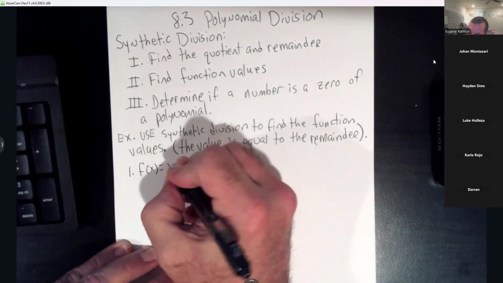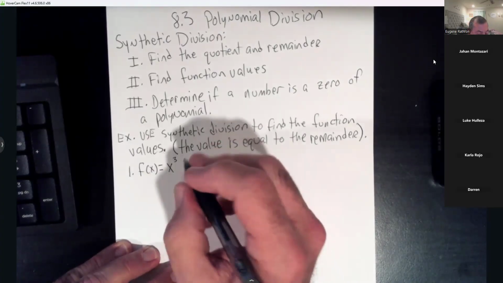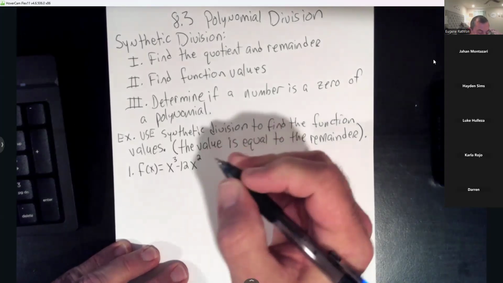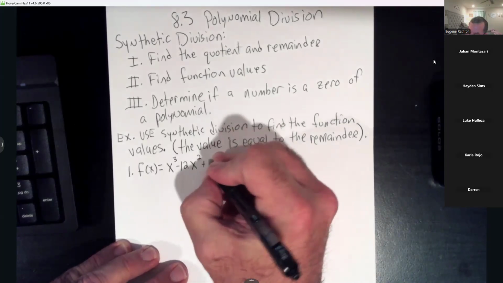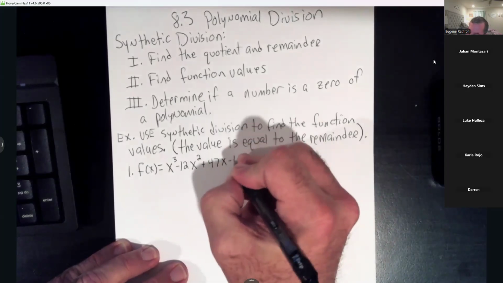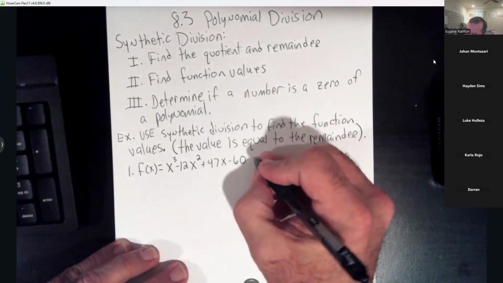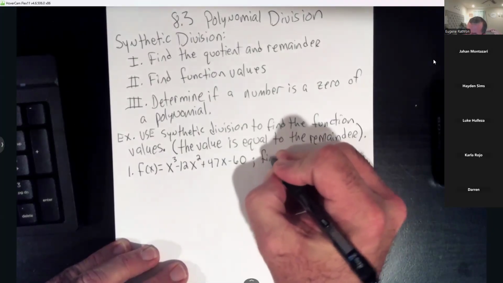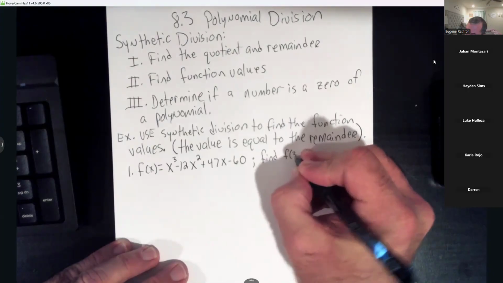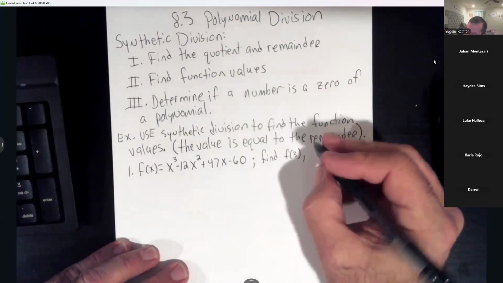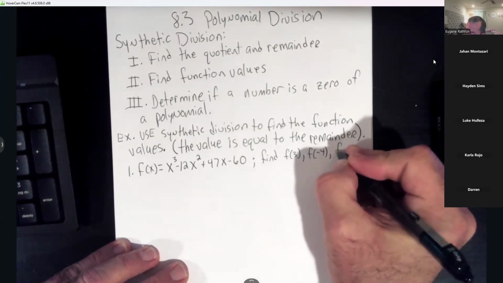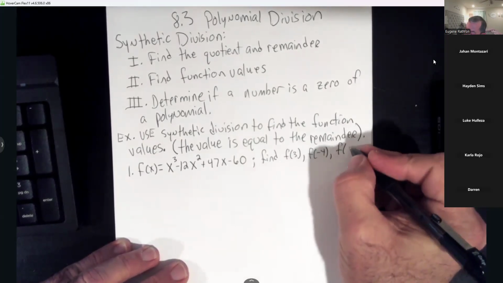So, on this one, for number one, they're giving us f of x is x to the third minus 12x squared plus 47x minus 60. All right, they want us to find f of 3, f of negative 4, and f of 5.